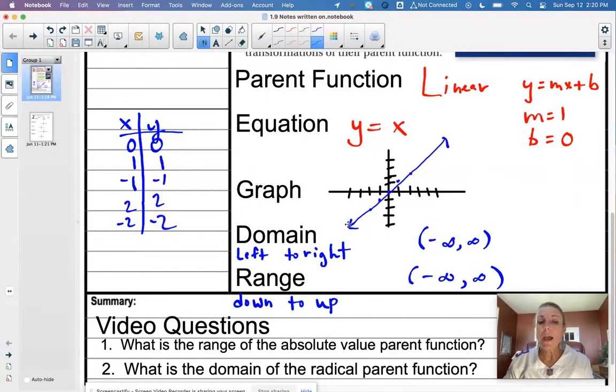So when I look at this graph, this line is going to be going to the left forever. That's -infinity. And to the right forever. That's infinity. Also, the graph is going to go down forever and up forever. So that's why the range is -infinity to infinity.